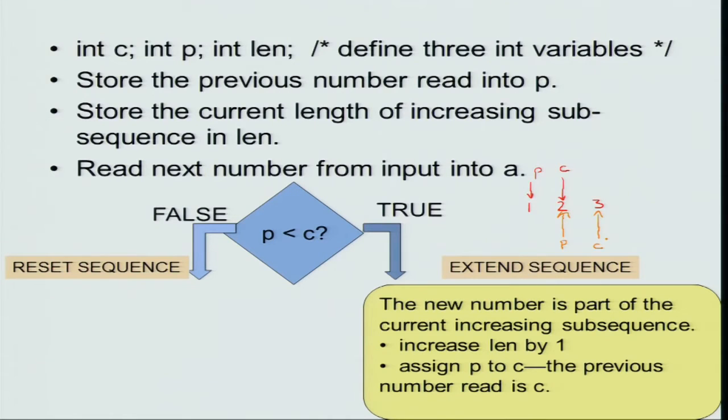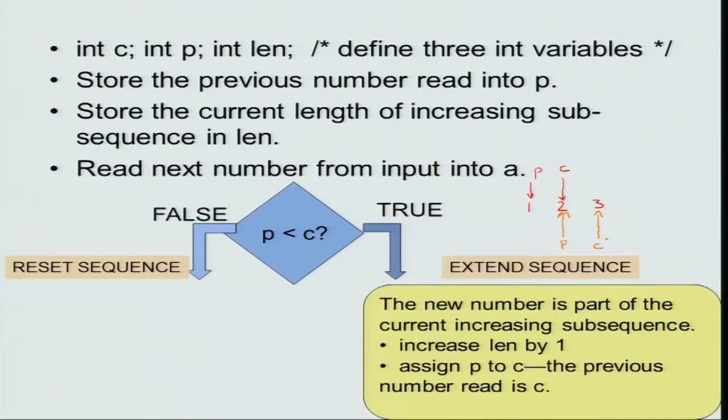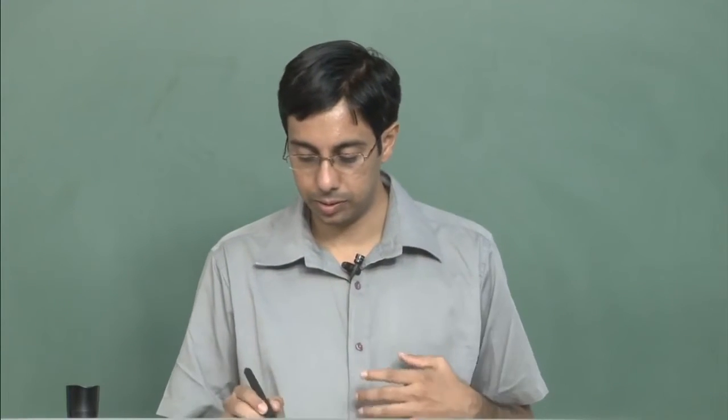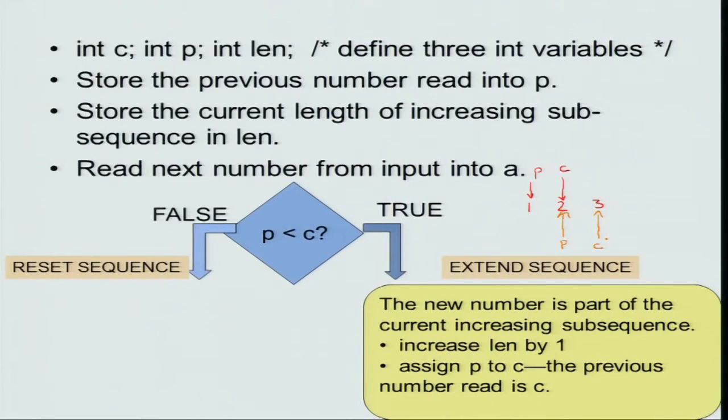So this is the idea that we will advance both the variables by one number each, so that it is always true that previous is one number behind current. I hope this idea is clear that in order to ensure that P is one number behind current, you have to advance both P and C. So assign P to C, this will advance P, and then read the next number, so that will become C.